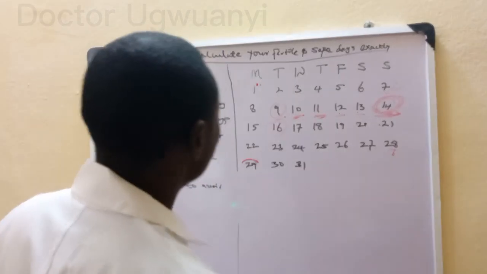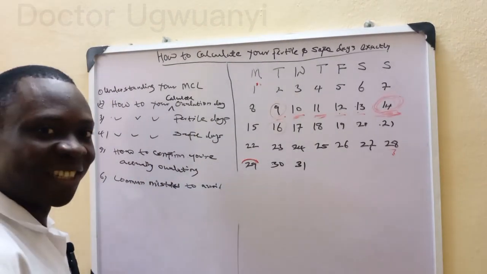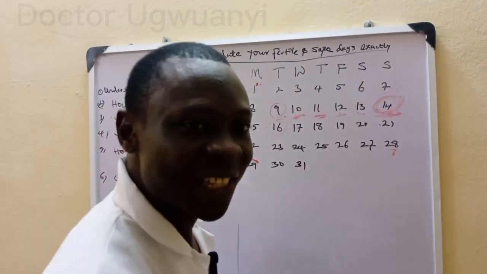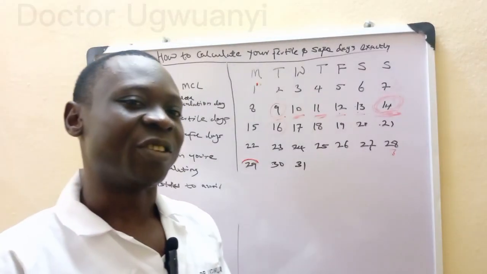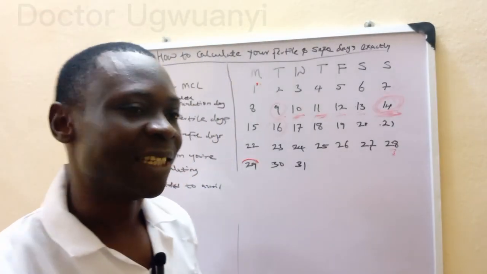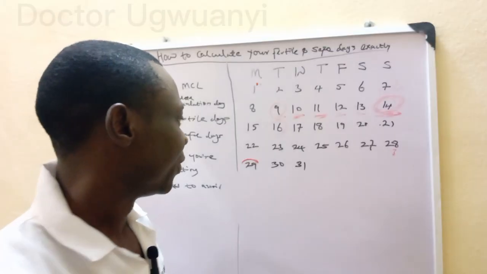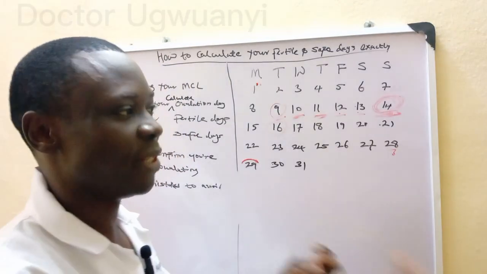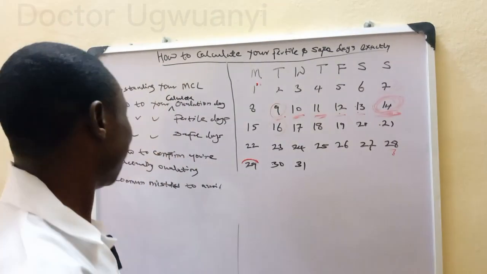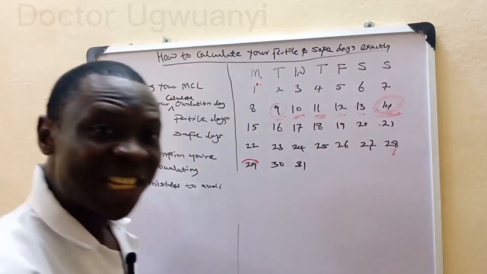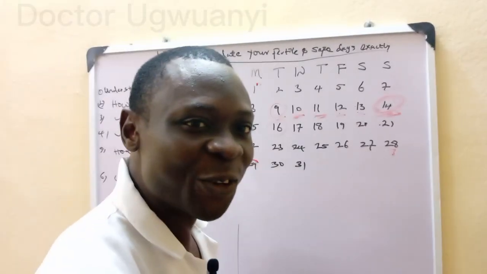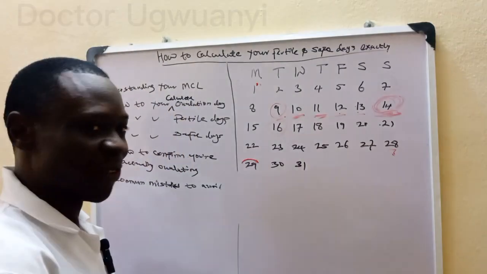So let's now talk about the safe days. What are the safe days? Safe days are the days in your menstrual cycle that your risk of becoming pregnant is very low. That is why it is called safe. Understand? So how do you calculate your safe days? Safe days are the days outside your fertile period.